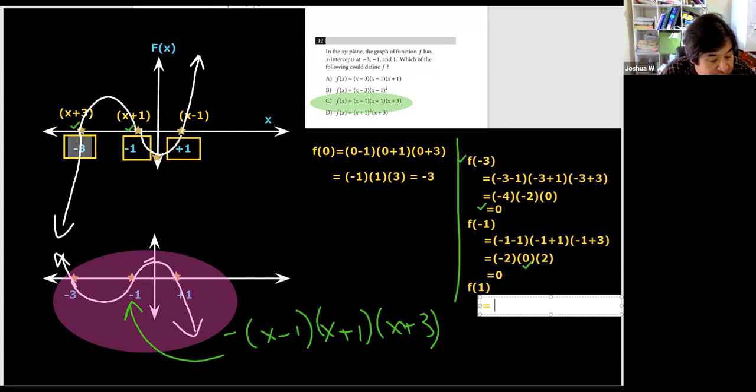Similarly, for the third factor, we have 1. So now we have 1 minus 1, 1 plus 1, and 1 plus 3. So then we have 0 times 2 times 4.